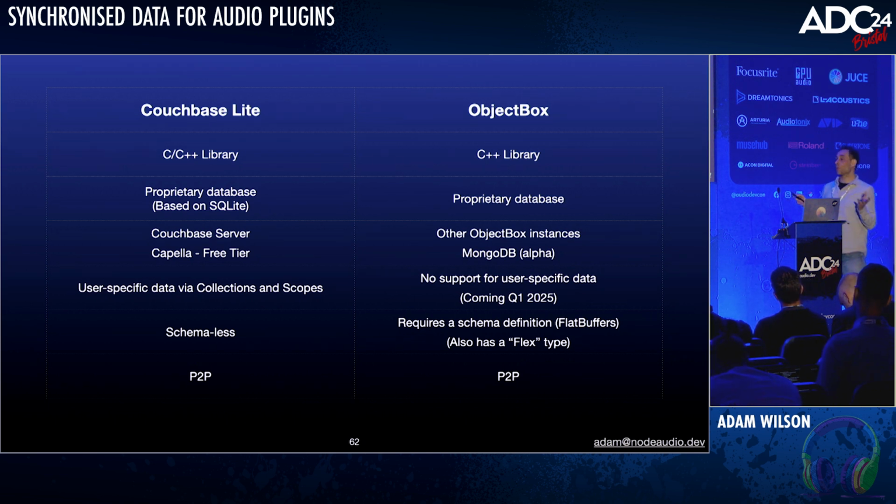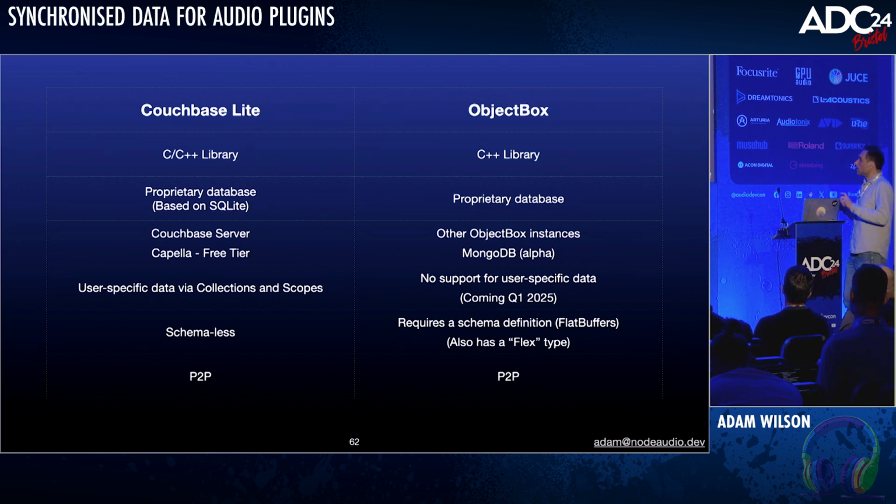What ObjectBox does is the whole data set is synchronized, but you can query the data. So you can synchronize all your data and just query the stuff that you need. For example, in my case, all the tunings that exist for everyone would be synchronized, but tuning data is tiny. So that's probably okay.